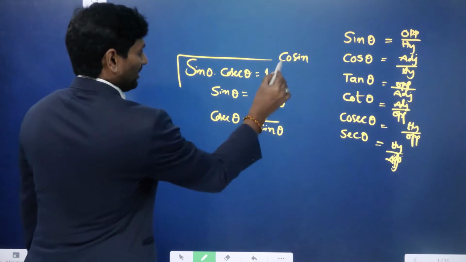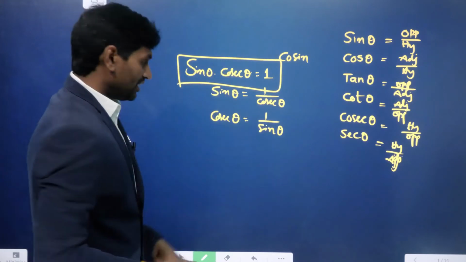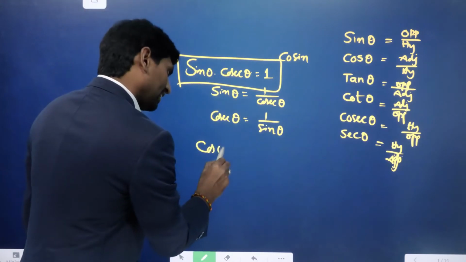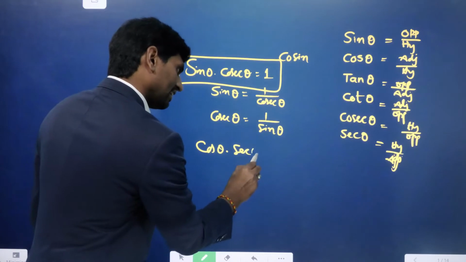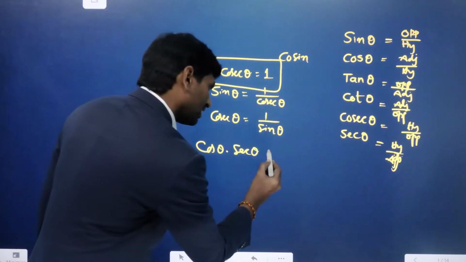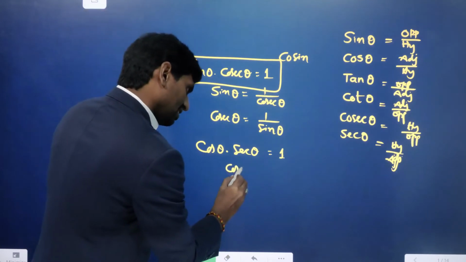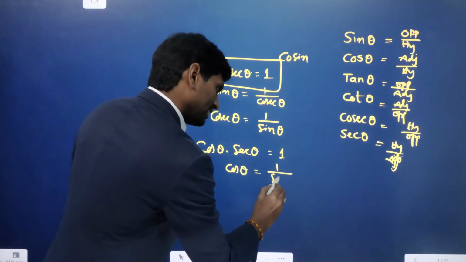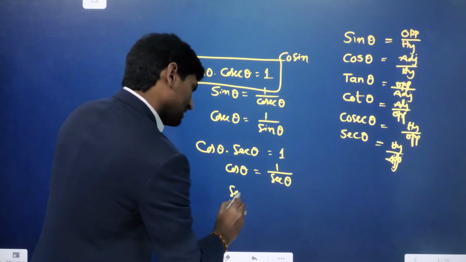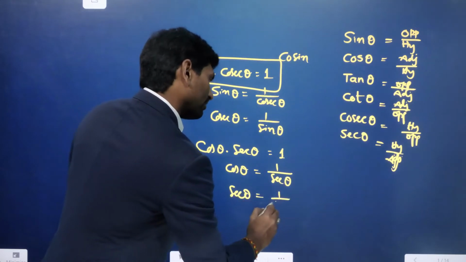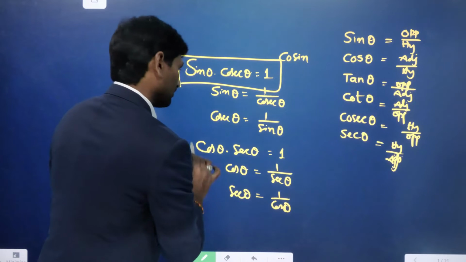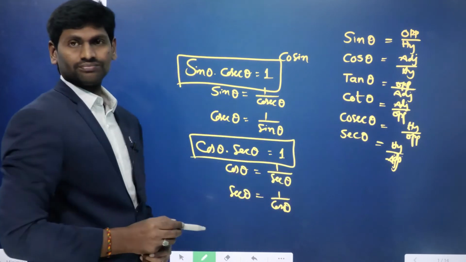In the same way, another reciprocal is cos theta into secant theta, which also becomes 1. So from this cos theta equals 1 by secant theta, or secant theta equals 1 by cos theta. This is the second one.